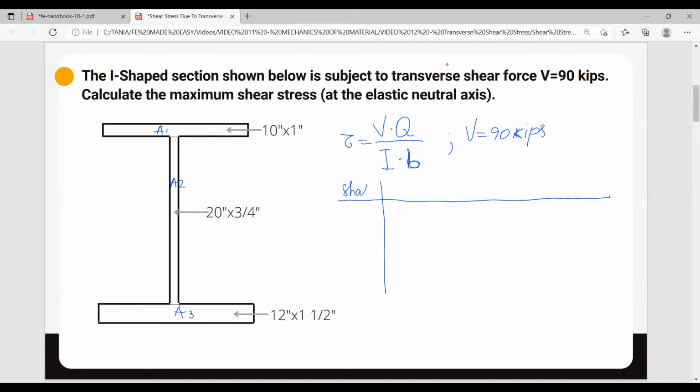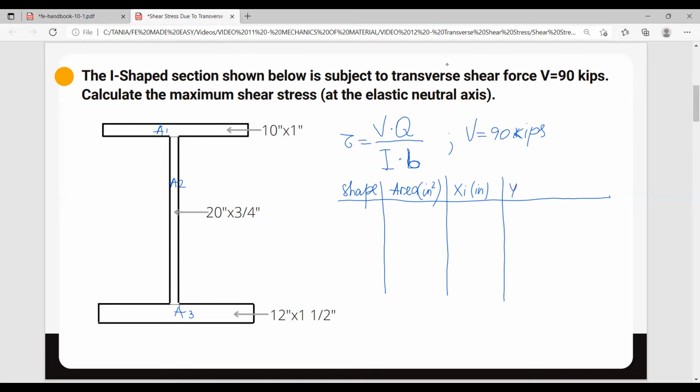Here we're going to have the shapes, and then we'll have the area in inch squared. And then we will have the x coordinate in inches.